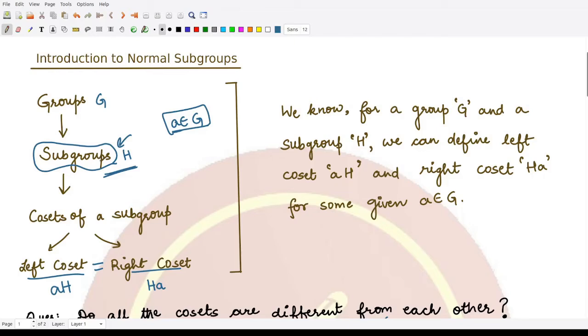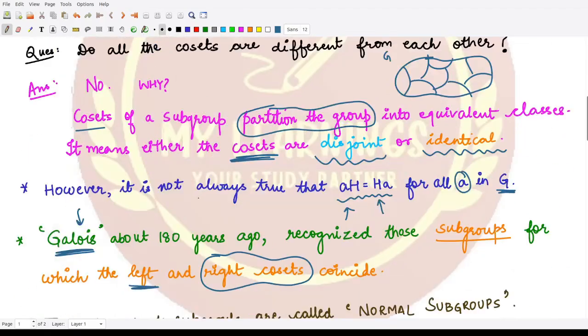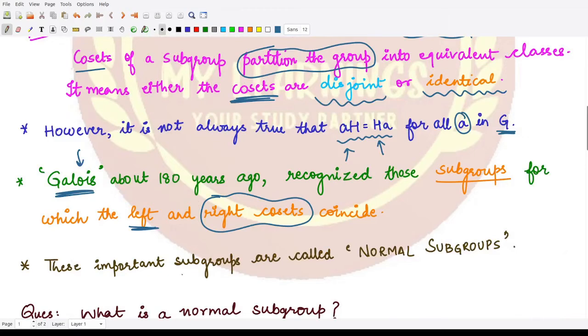We have a special name for such subgroups, which we call normal subgroups. So the subgroups which have both the left and right cosets equal for any given element from the group, we call them normal subgroups.